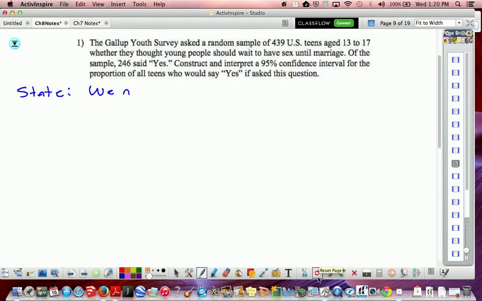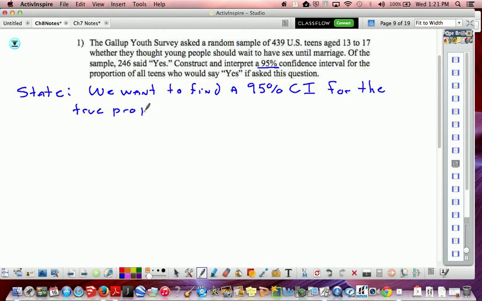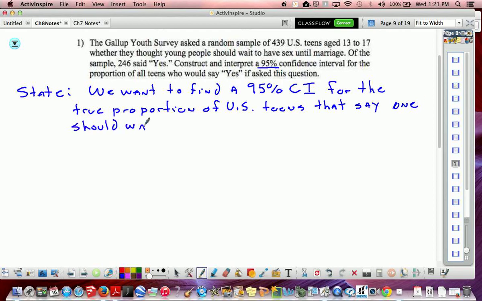We want to find a 95% confidence interval, and you can abbreviate confidence interval as CI, for the true proportion of U.S. teens that say one should wait to have sex until marriage.